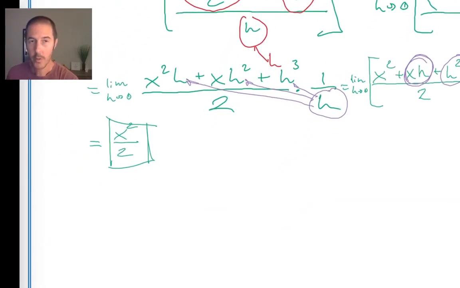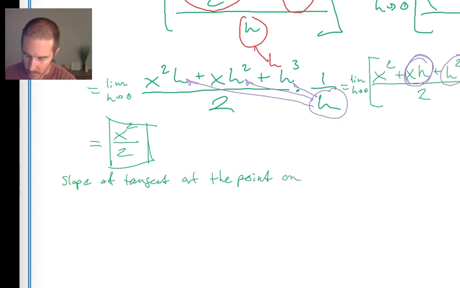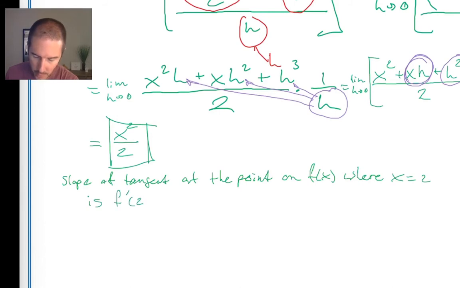So the slope of the tangent line at the point on f of x where x equals 2 is f prime of 2.